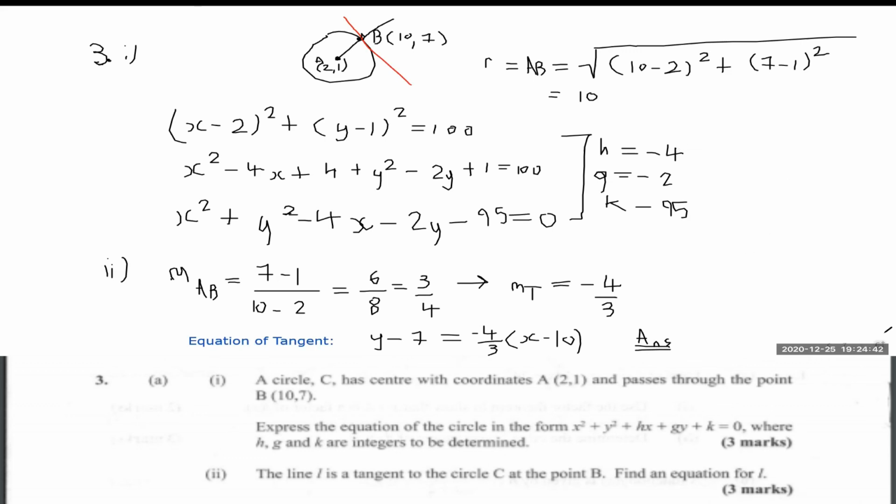Now part B of question 3. It says the position vectors of two points P and Q are relative to the origin. They're telling us that the vector P is equal to 10i minus 8j.